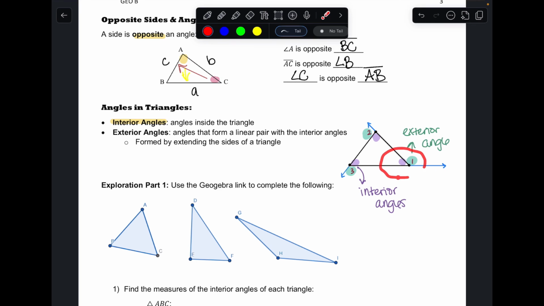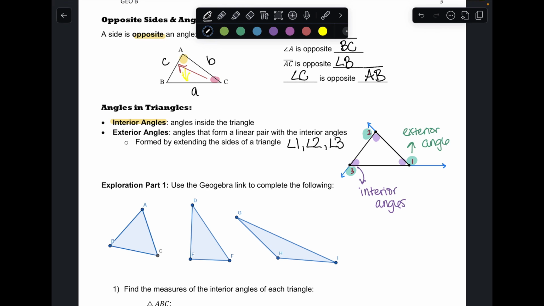Remember, we call this situation here, 2 adjacent angles on a straight line, a linear pair. So if we remember, they are going to be supplementary. So again, your interior angles are the purple ones, and your exterior angles are angles 1, 2, and 3. And we're going to have theorems for both of those.